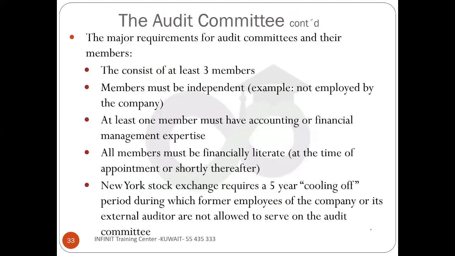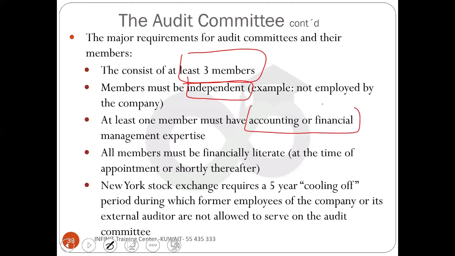So what are the major requirements for audit committees? They should consist of at least 3 members. The audit committee must have at least 3 members, and they should be independent, or we can say they are not employed by the company. And at least 1 member should have accounting or financial management expertise.